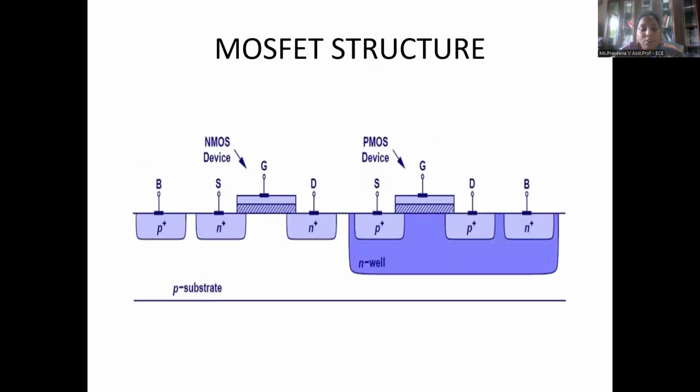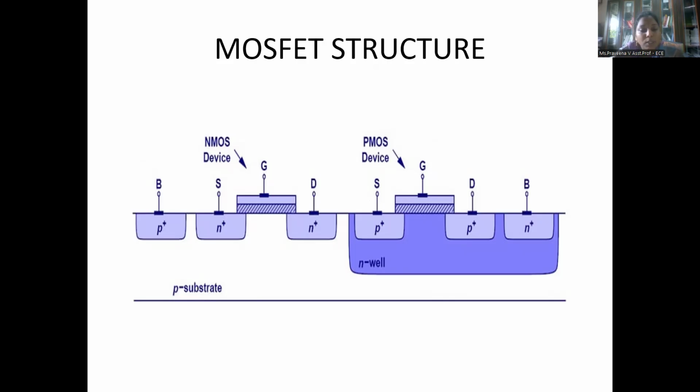Let us see the MOSFET structure. This is a MOSFET structure, the NMOS structure, that is the left side, and it is built on a P type substrate. The source and drain are heavily doped regions. The gate is placed above a thin silicon dioxide insulating layer, and the body, that is B, is connected to the P substrate.